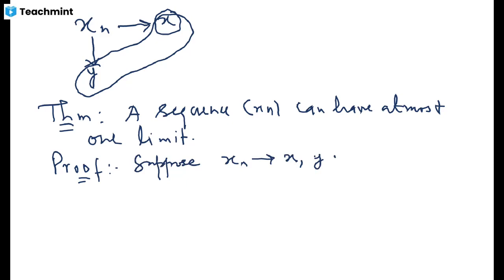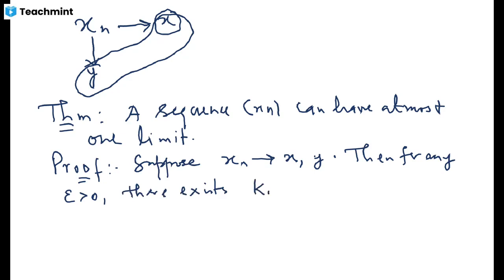Now, then for any epsilon greater than 0, using the definition of the convergence, there exist numbers k naught and k1 because the sequence converges to x and y.